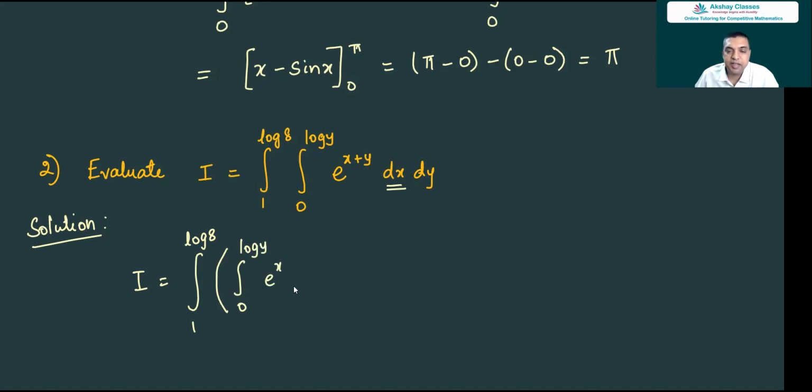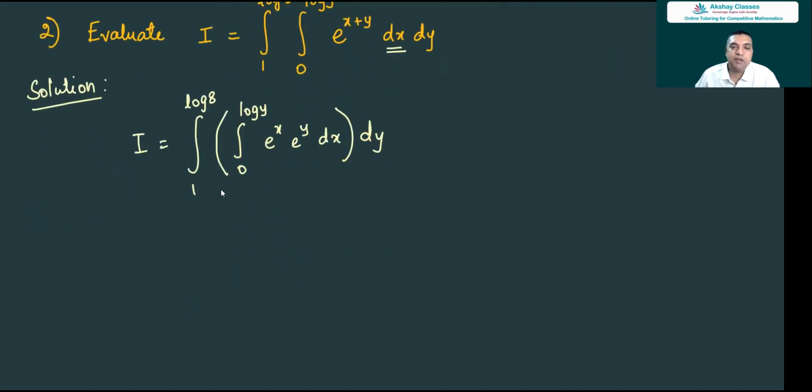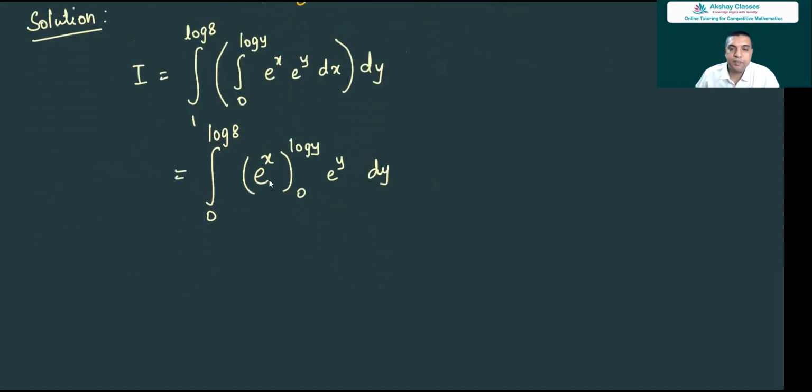Now this is e power x into e power y dx. We are integrating with respect to x. So e power y is treated as constant, and the integral of e power x is e power x, from 0 to log y, times e power y dy. Now substituting the limits, e power log y is nothing but y.